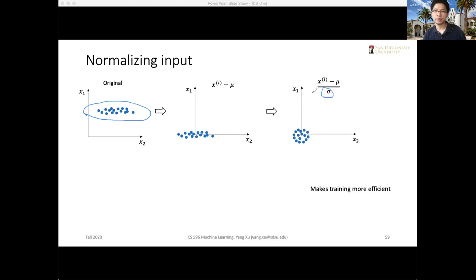After this step, because it's now totally normalized, the data will be more nicely shaped, as the narrow distribution is corrected to a more circle-like distribution. So the contours will be more normalized. This is the shape that we want on the inputs because it will make the training more efficient.